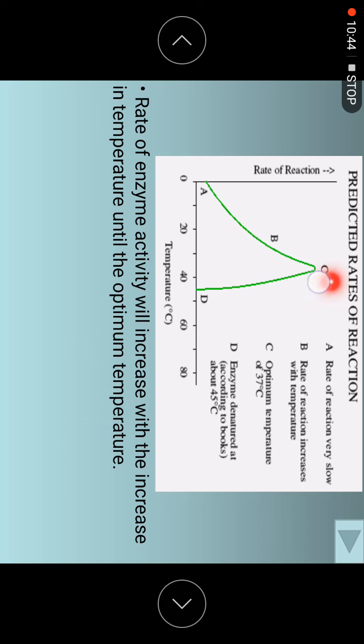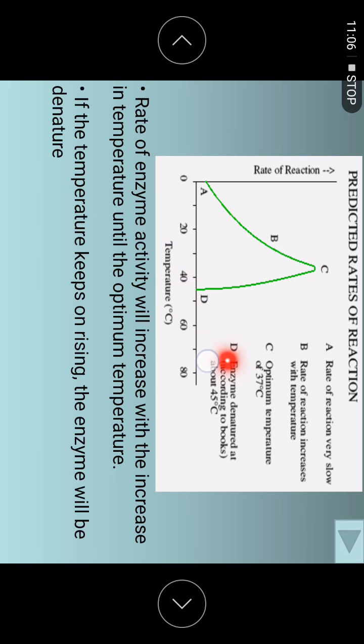But you see here from C to D, just a little bit of change in the temperature. It's about like 40 to 45 maybe. So that means if your body temperature increases a bit, you see the activity stops. When it reaches D, the stopping point, it means no good. So the enzyme will be denatured.